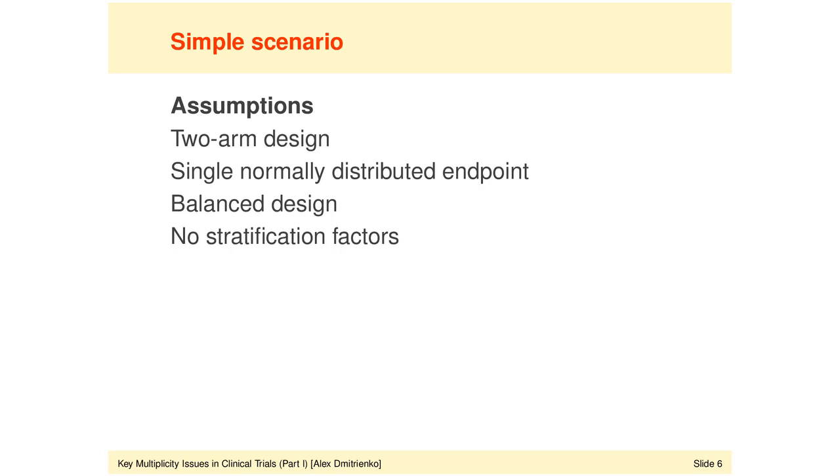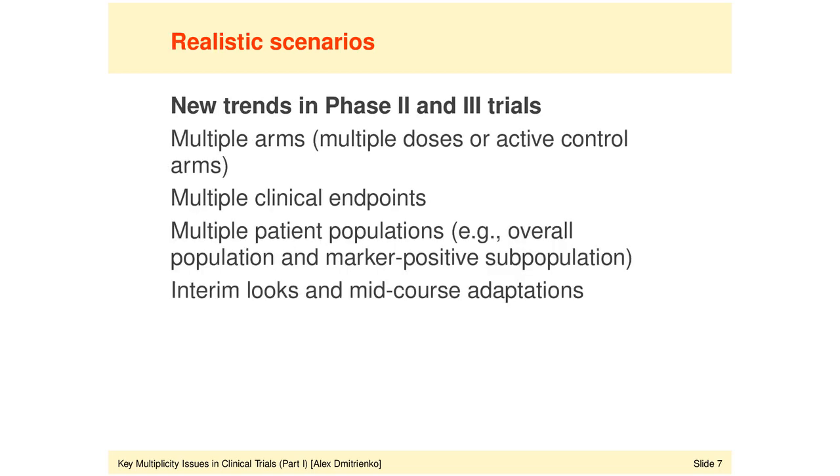It assumes, as shown on slide 6, a simple two-arm design. It assumes that we have a single endpoint that follows a normal distribution. It assumes a balanced design. It assumes that there are no stratification factors, which means that we assume a homogeneous treatment effect across the trial population.